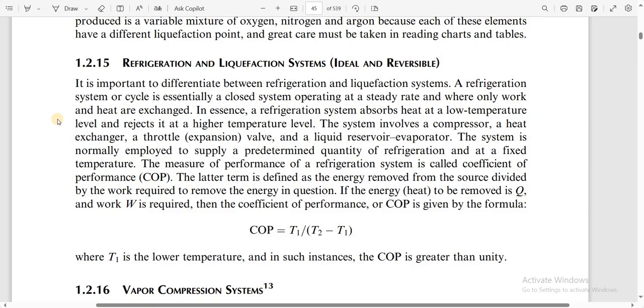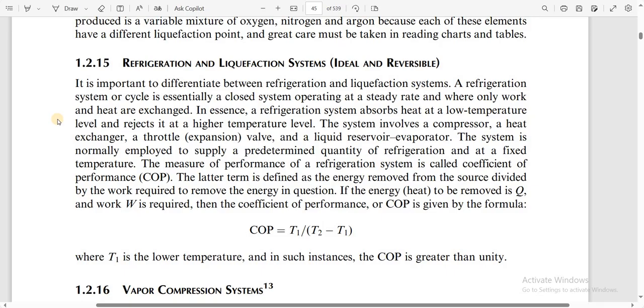The measure of performance of a refrigeration system is called the coefficient of performance, COP. This is defined as the energy removed from the source divided by the work required to remove the energy in question.